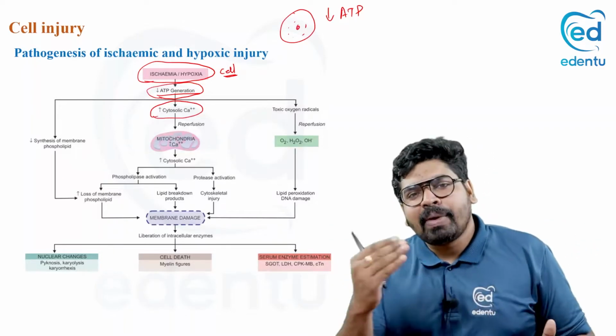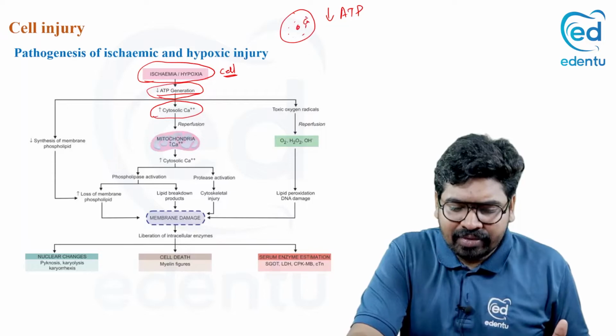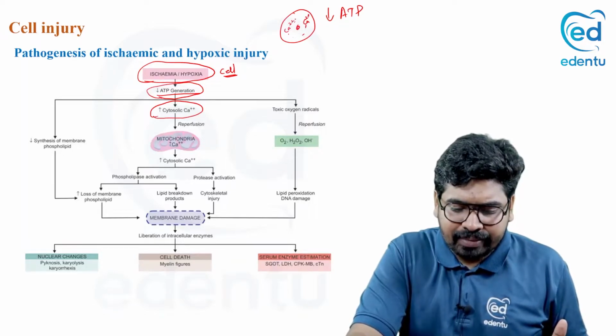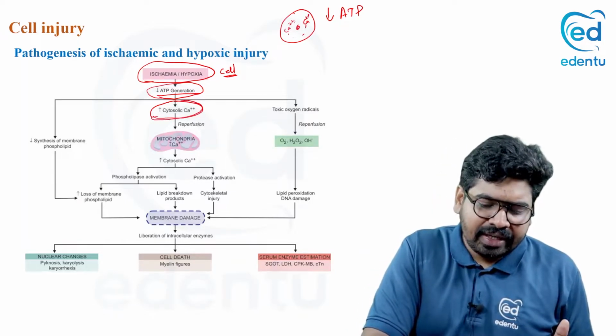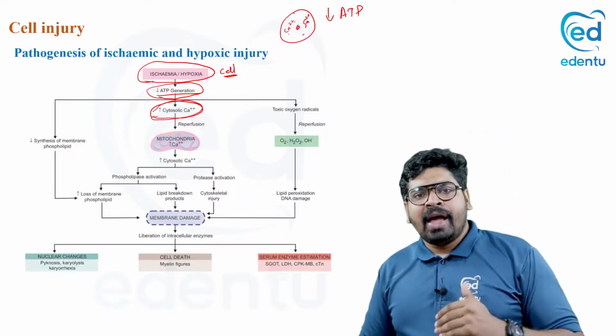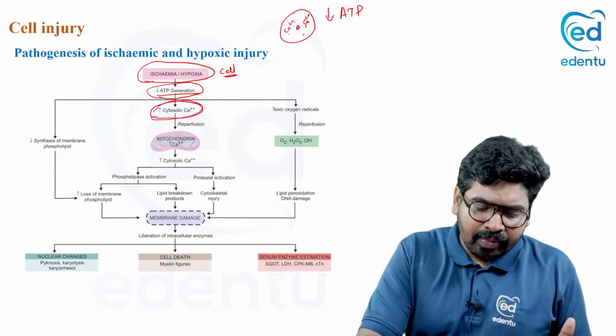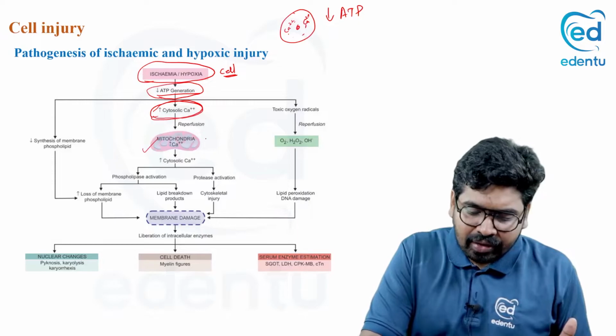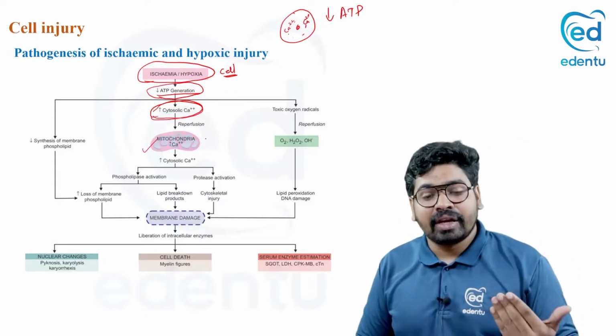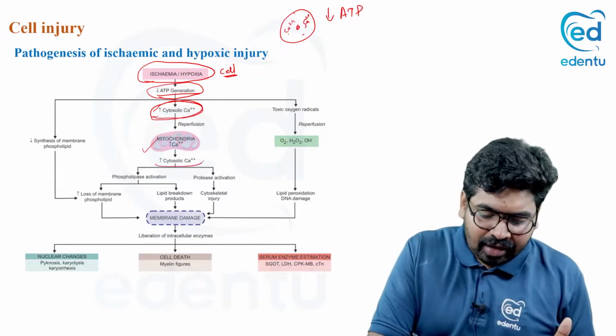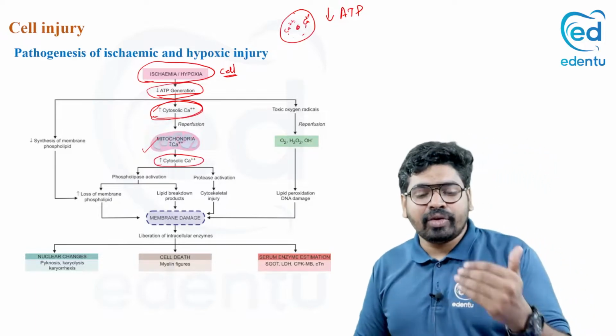What happens when the pump is not working? Your calcium starts accumulating in your cell. That's why it is called an increase in cytoplasmic calcium. The same calcium can accumulate in your mitochondria, so there is an increase in cytoplasmic calcium and an increase in mitochondrial calcium.